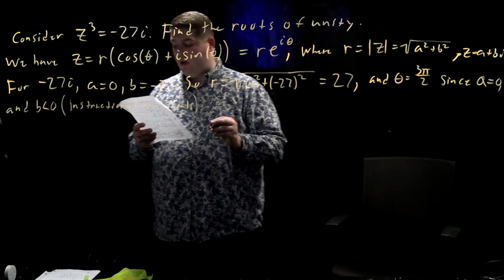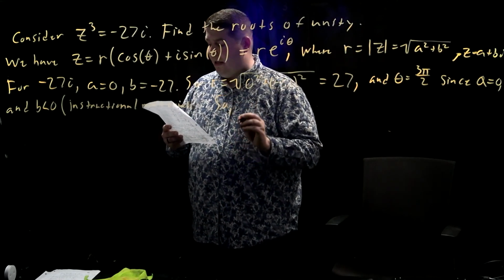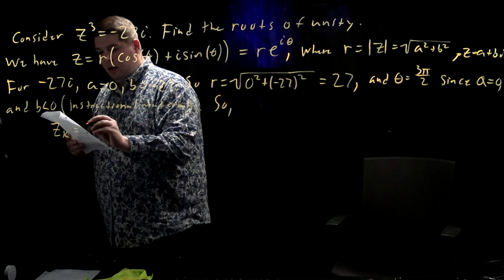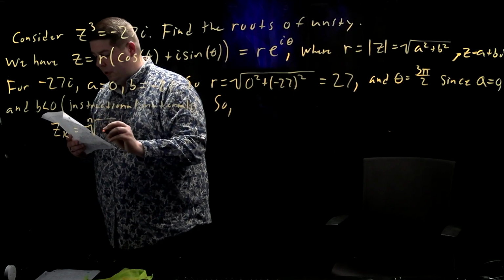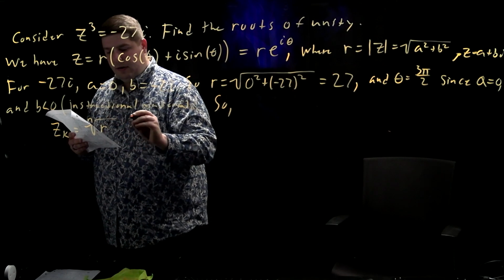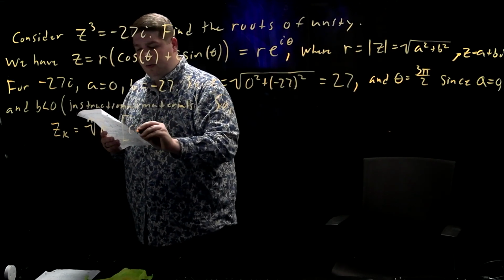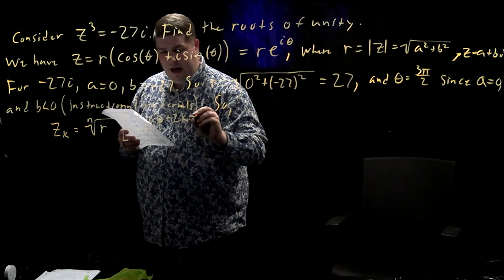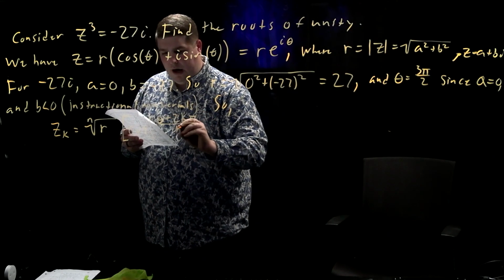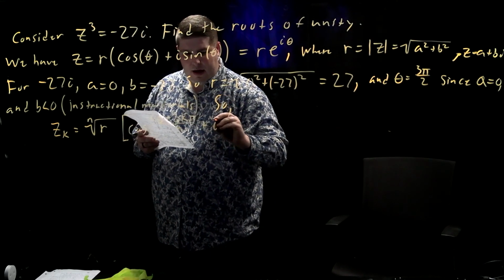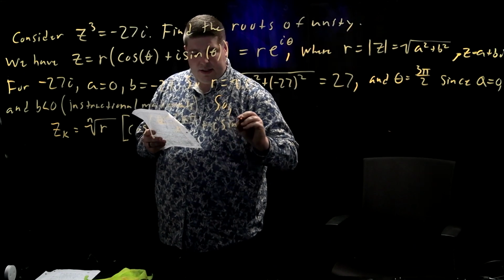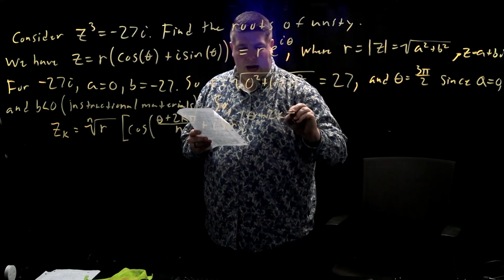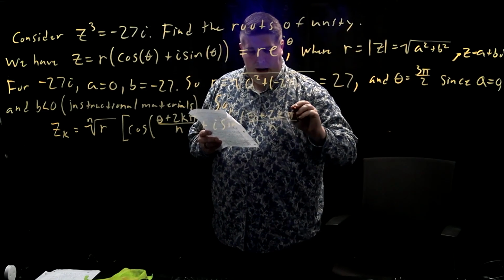Why do we need that? Because our solutions will be in the form of z sub k, and that is equal to the nth root of r times the cosine of theta plus 2k pi over n plus i times the sine of theta plus 2k pi over n.